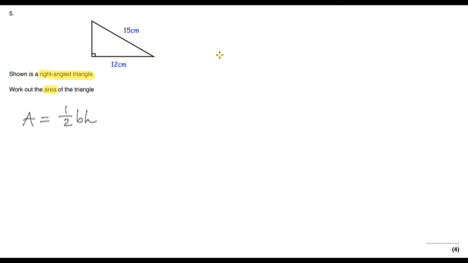So the Pythagoras theorem states that if we call this A and this B and this C, we know that A squared plus B squared is equal to C squared. So A is 12, so it's going to be 12 squared plus B squared, that's what we're trying to work out, is equal to C squared, so 15 squared.